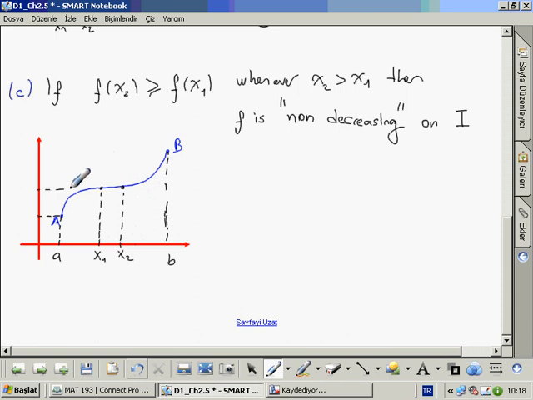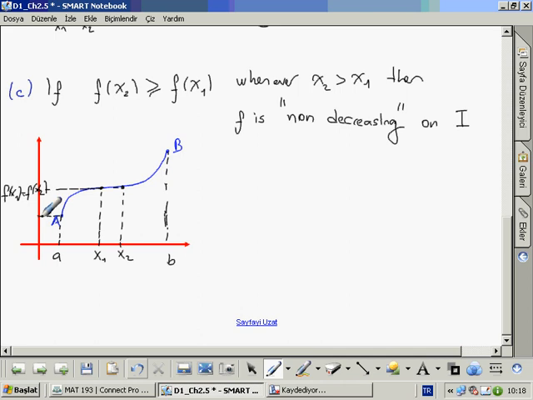As you see, x2 is larger than x1, but f of x1 and f of x2 are equal, so we can say f is non-decreasing on this interval.